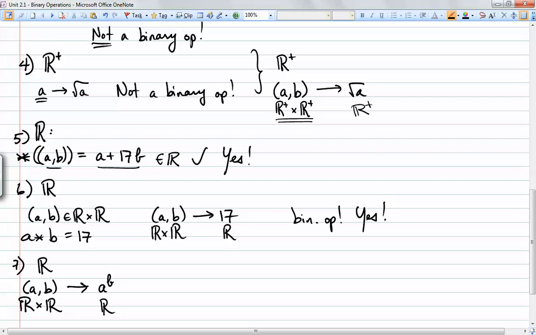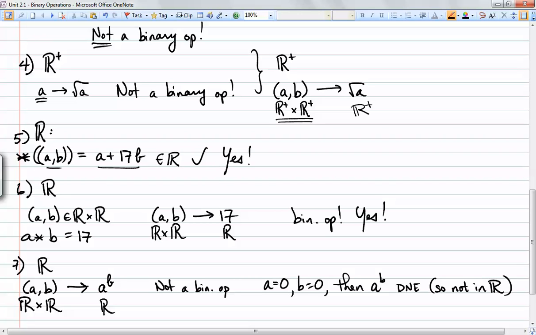There are a couple counterexamples, right? This is not a binary operation. Because I can actually find some ABs, these ordered pairs AB, that don't map to the real numbers. Like, if A equals 0 and B equals 0, then A to the B does not exist, right? So not in R.